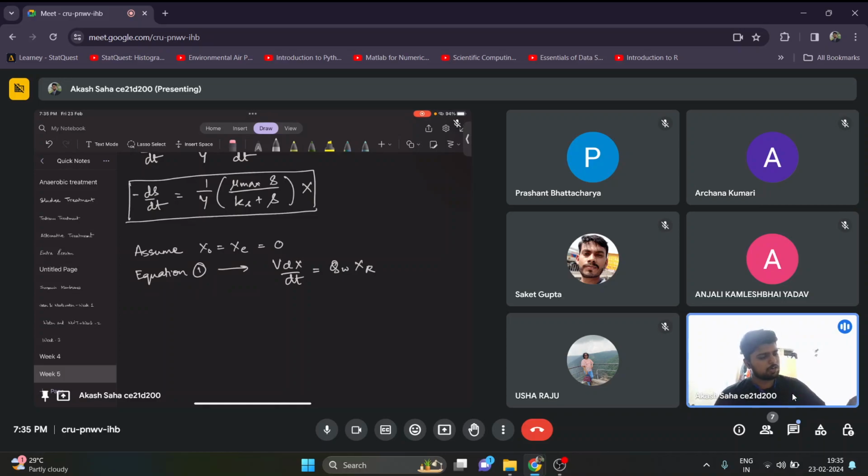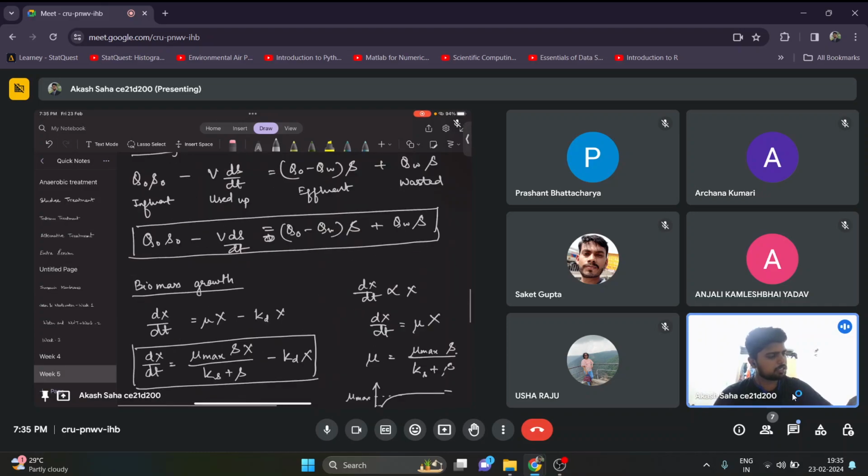Okay. So now we will substitute for dx by dt, because we know dx by dt. So it will be V mu max S by Ks plus S X minus Kd X is equal to Qw XR. Okay, I will just mention all the equation numbers again.